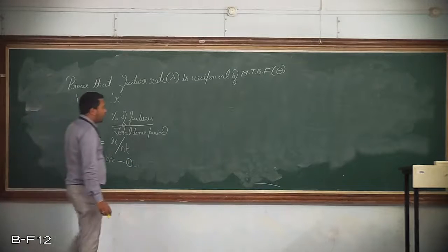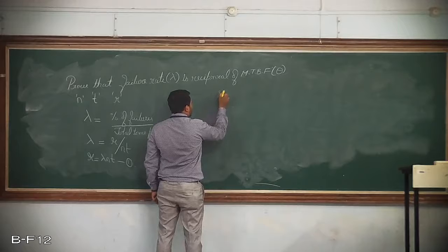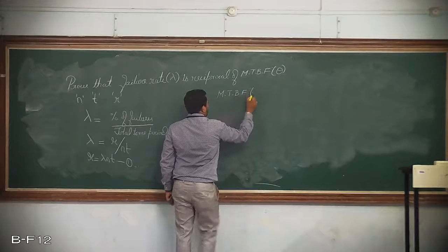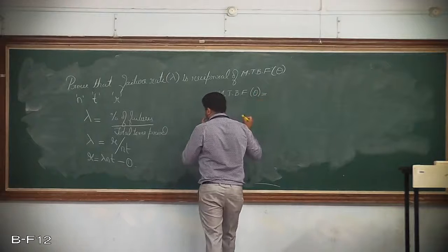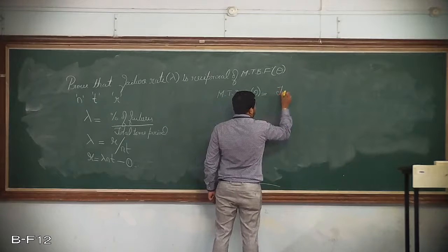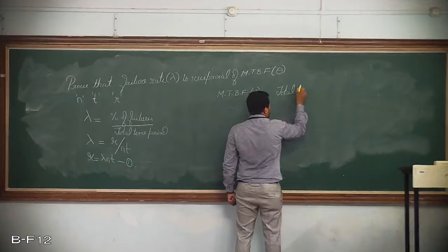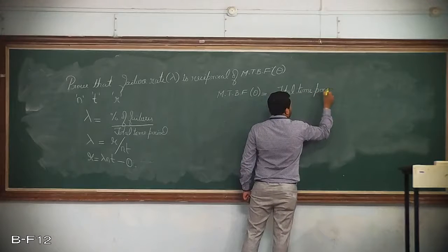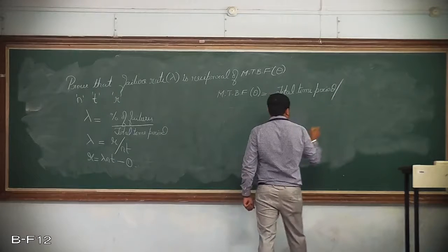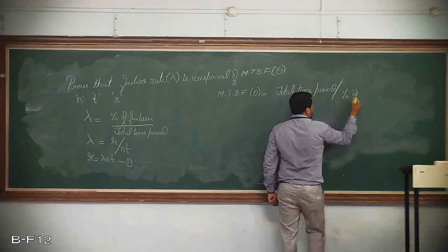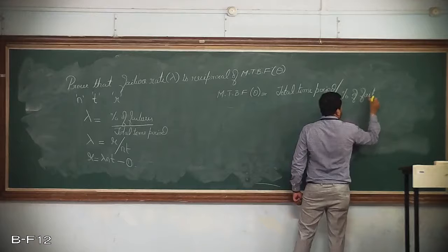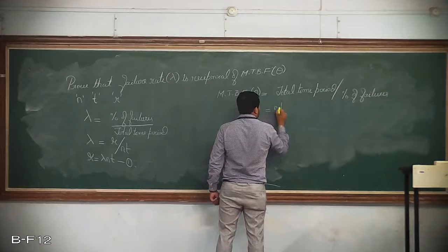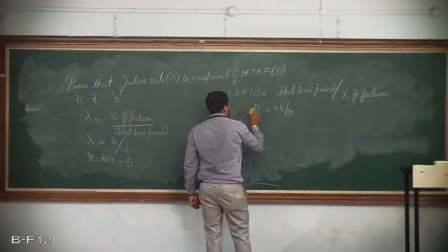Now coming back to mean time between failures, which is represented as theta, it is equal to total time period divided by the percentage of failures. So it is given as nt by r. Here it is theta.